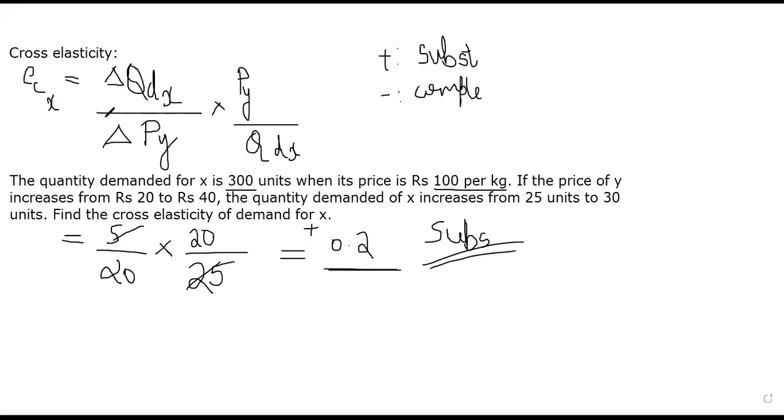And what does cross elasticity actually measure? It measures the change in demand for X when the price of Y changes. Why should you bother about the change in the price of X? The price of X does not matter, only the price of Y matters, and what influence it has on the demand for X.